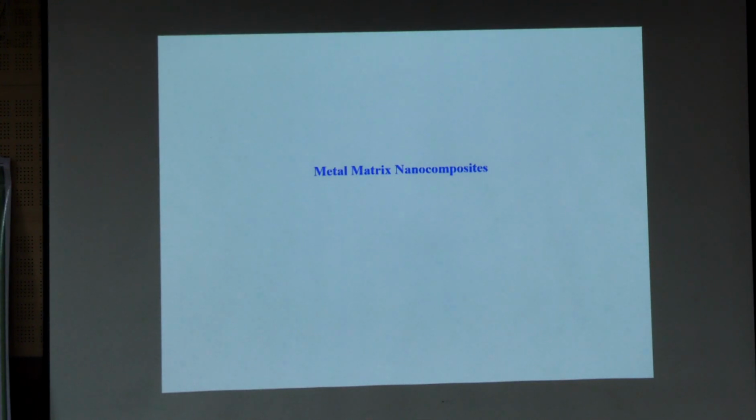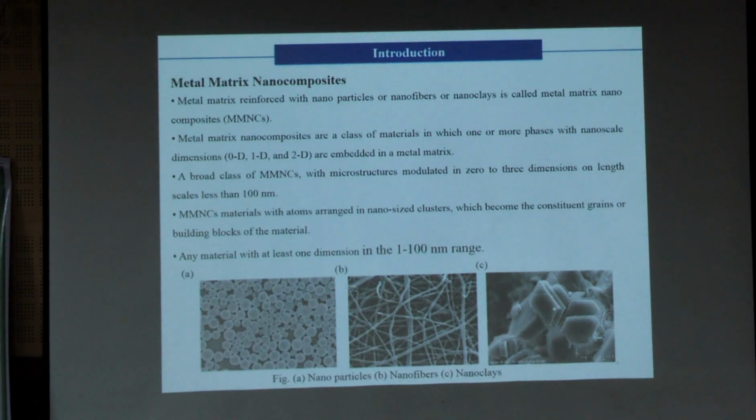For example, you take brake drums or brake discs, or some of the parts of the aerospace industries, right? Somewhere we are using polymer matrix composites and somewhere we are using metal matrix composites. Here these are the metal matrix composites. It's nothing but again the matrix material is metal.